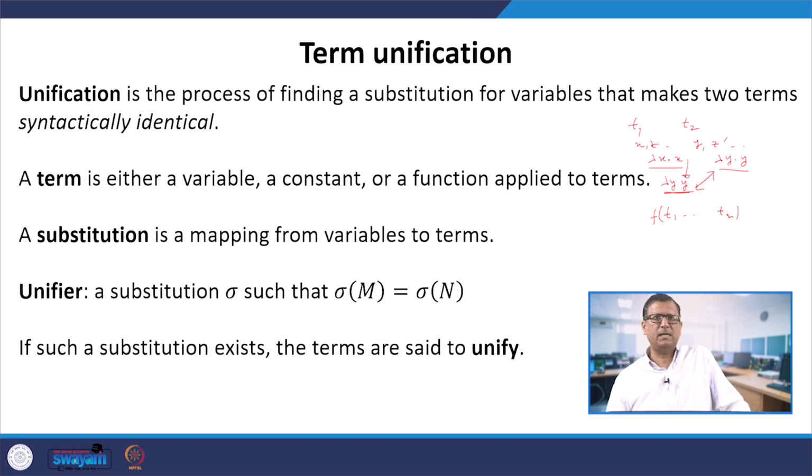A unifier is then a substitution sigma such that sigma of M is equal to sigma of N. That means we apply sigma, a substitution, to M. The structure will not change, but the variables and other things will be renamed. After doing this in both M and N, they will look alike. That is what is called a unifier. If such a substitution exists, the terms are said to unify.